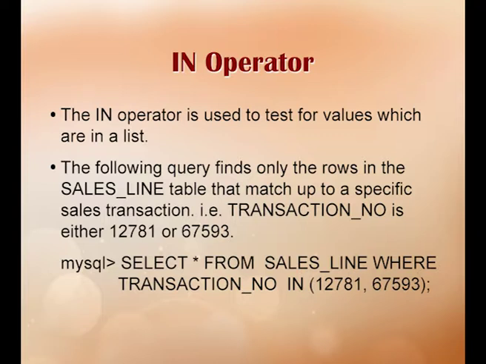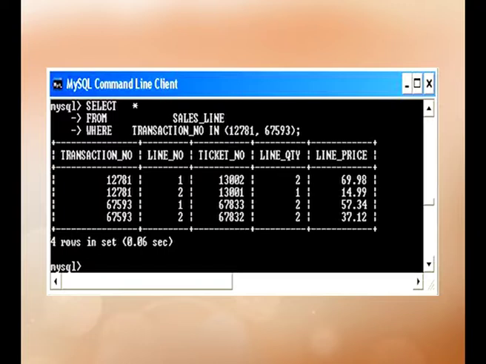For that I have to give select star. Once again I am using all the fields. Select star from sales line where transaction number is 12781, 67593. If both exist, both will be displayed; otherwise, whichever of them exists will be displayed. So we are testing whether the values exist or not.